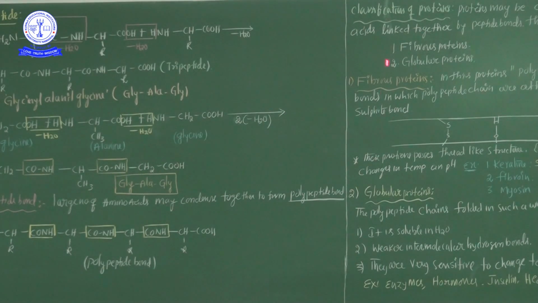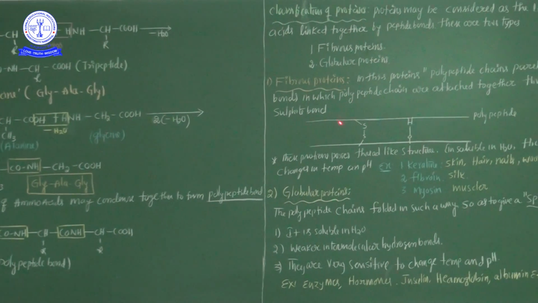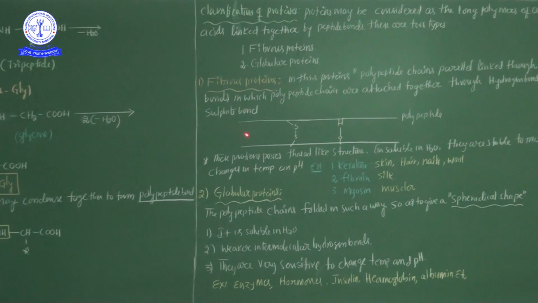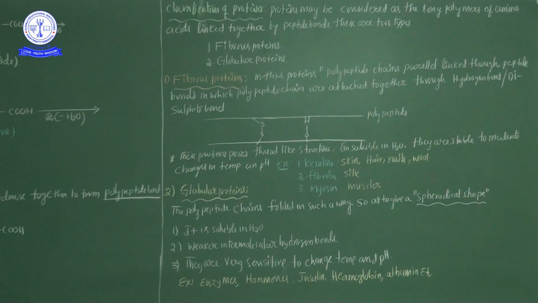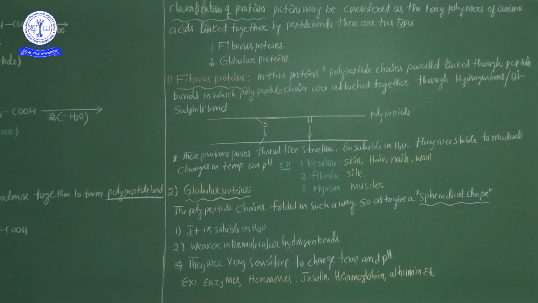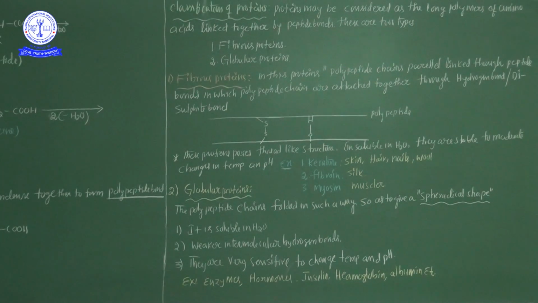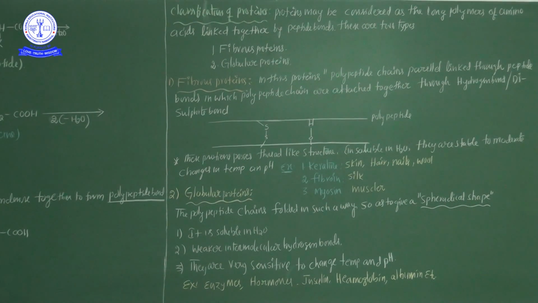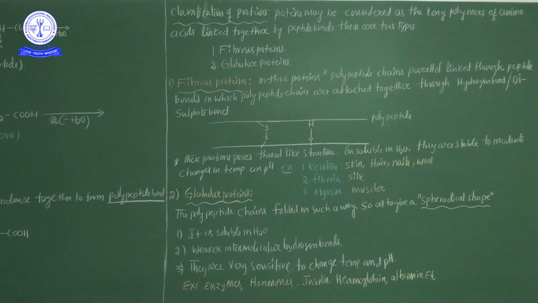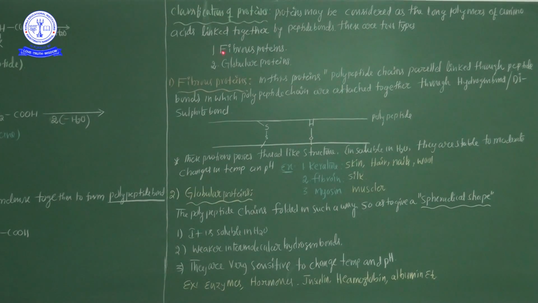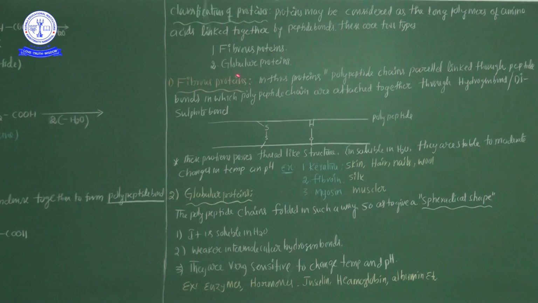Now the classification of protein. Proteins are polypeptides. Based on that information, proteins are again of two types. Number one, fibrous proteins. Number two, globular proteins.